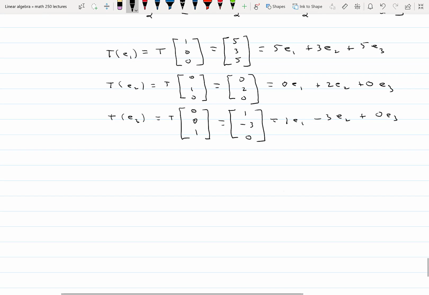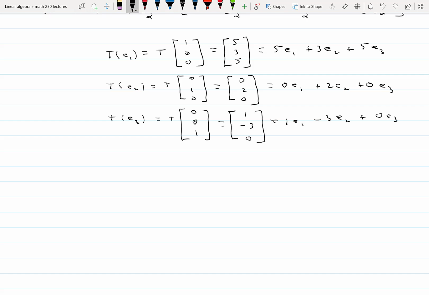The matrix of T with respect to alpha is once again the matrix whose columns are the coordinates of the transformed basis vectors, T of E1, T of E2, T of E3.